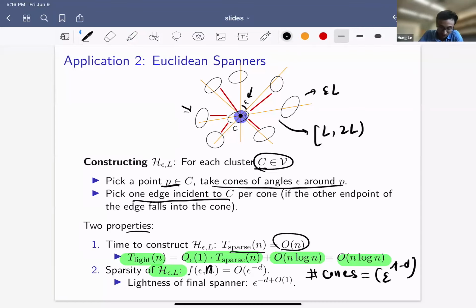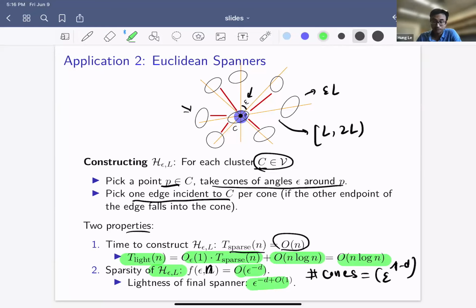So the sparsity is roughly epsilon to the minus d. To be more precise, the sparsity is going to be epsilon to the 1 minus d. And then our framework gives a lightness which is just a poly 1 over epsilon worse than the sparsity. So the lightness is going to be epsilon to the minus d plus some constant. And this we can construct in order n log n time.